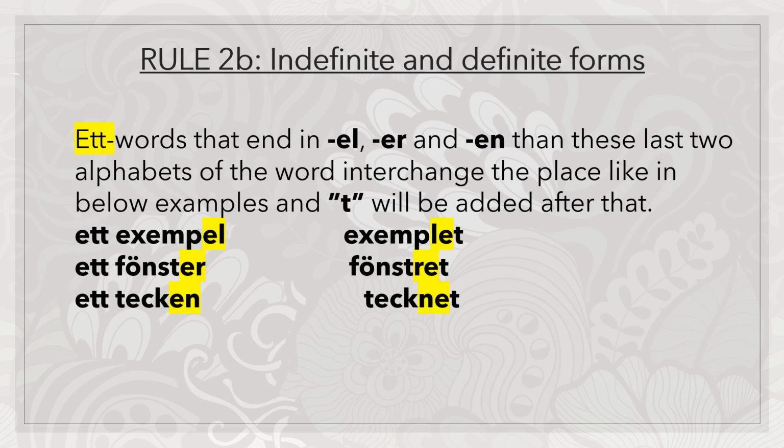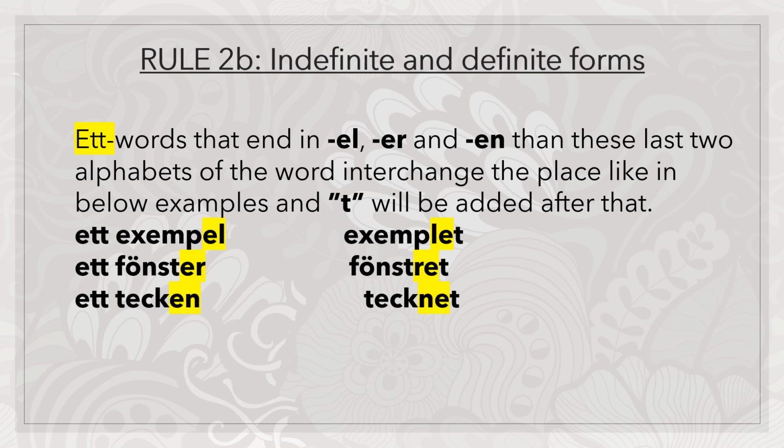In the case of ett words that end in el, er and en, the last two letters of the word interchange places like in the below examples, and t will be added after that to make them into definite or bestämd form.